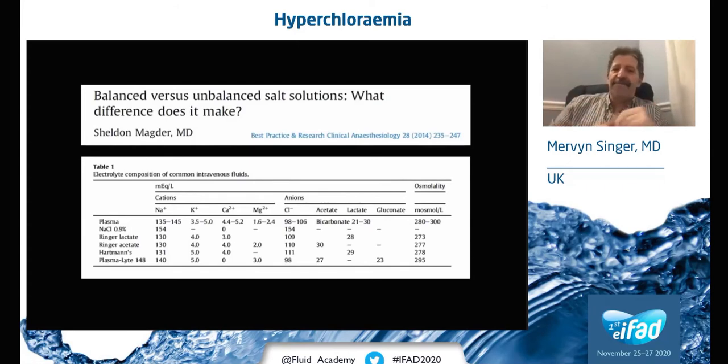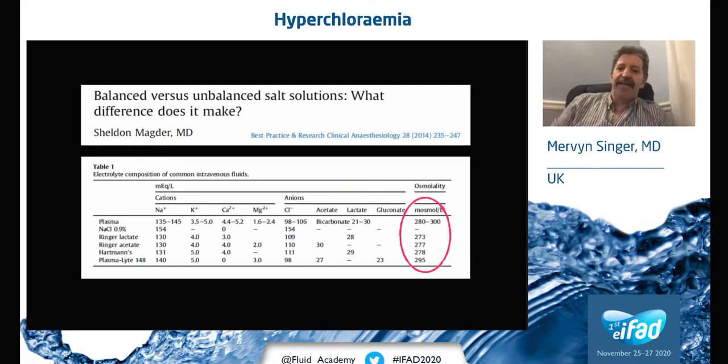So let's just quickly refresh our minds about balanced and unbalanced salt solutions. Balanced means similar to plasma, unbalanced isn't. So saline is an unbalanced solution. It has a high sodium content, a high chloride content, and the osmolality is fairly normal to plasma.